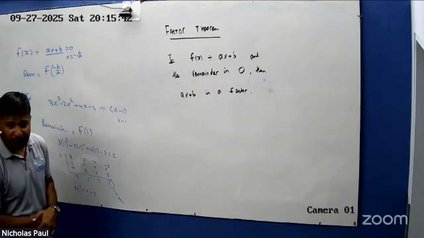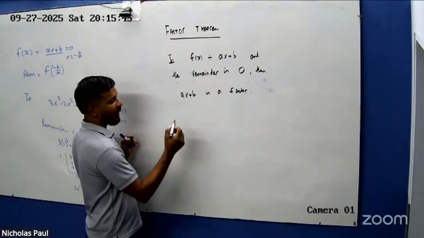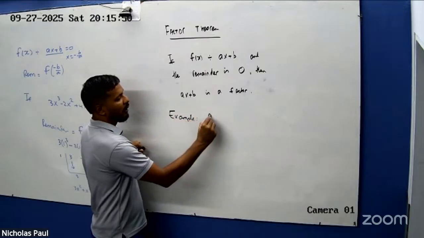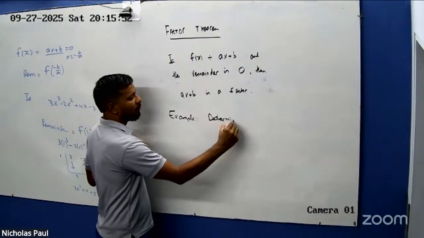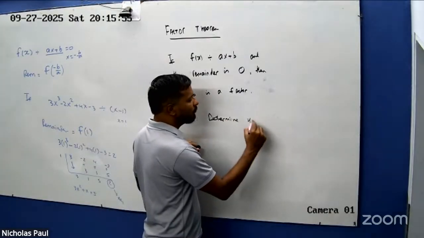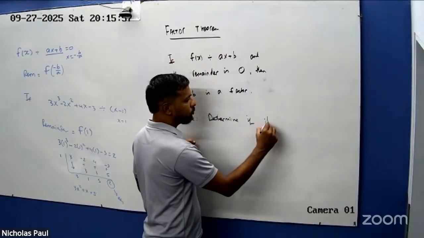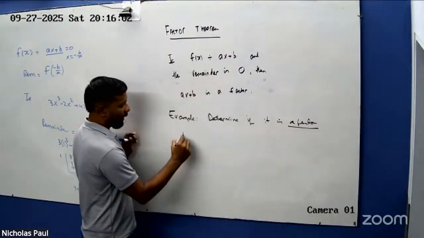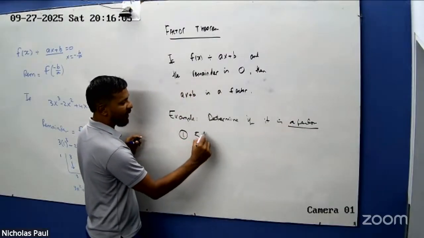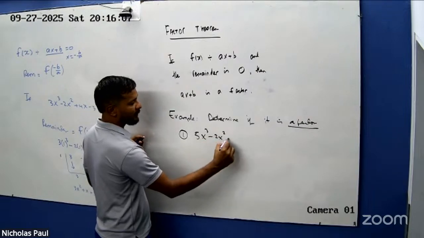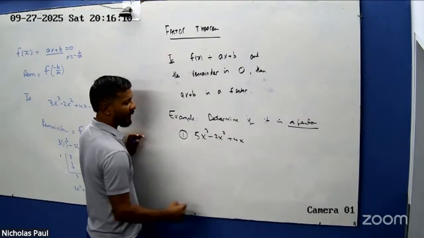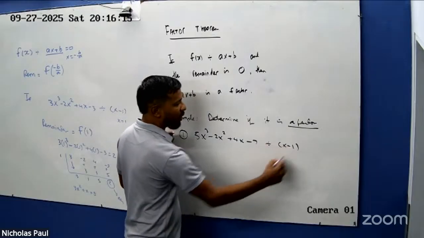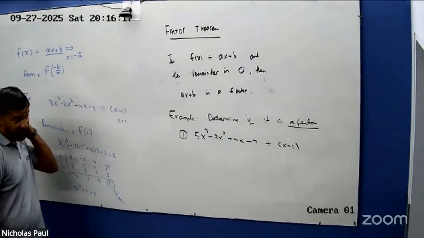That's okay. So I'm going to give you a small example, and I just want you to determine if it's a factor. Right, so I'll give you one here. Let's say I gave you 5x cubed minus 2x squared plus 4x minus 7 divided by x minus 1. Check and see if that is a factor.